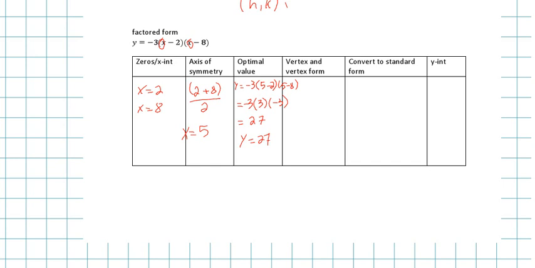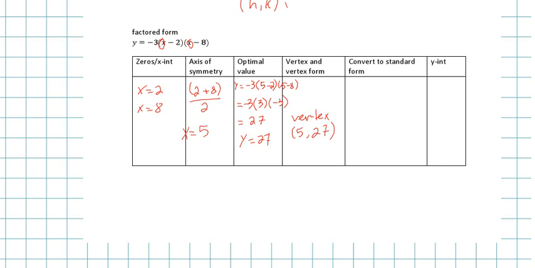Not a negative? No. When you put it in your equation, it becomes a negative, but the axis of symmetry is at 5. So the vertex is 5, 27. Remember, that's why we're finding the axis of symmetry and the optimal value, because we want to find the vertex.